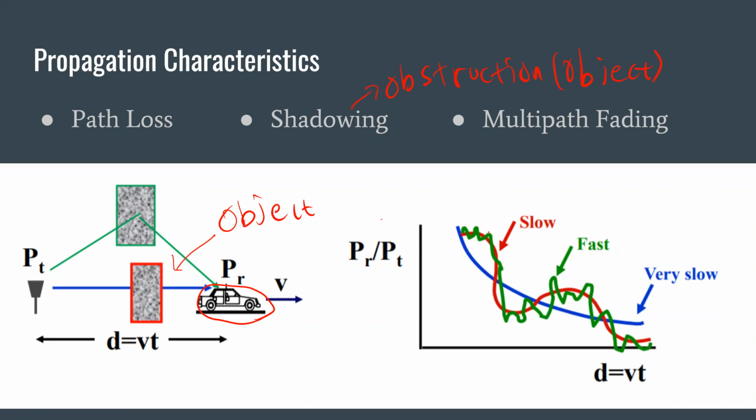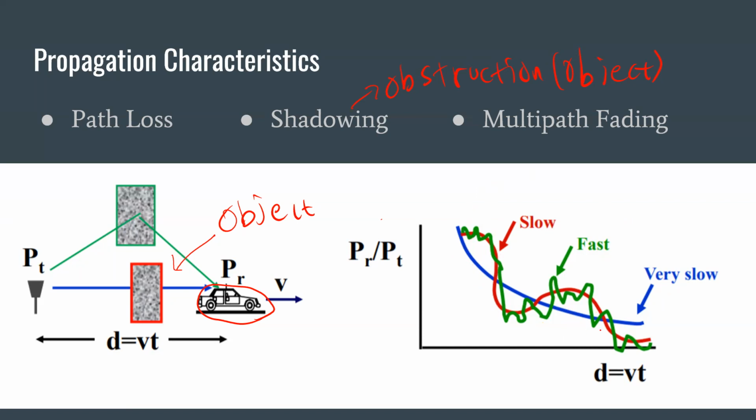Multipath fading means that the signal that goes into the receiver comes from many different paths, for example, from many different reflections from objects in the environment, or also refractions and scattering and such. And here we can see from the green line that the fluctuations are more frequent than the red one, and the ratio is not consistently decreasing over the distance.